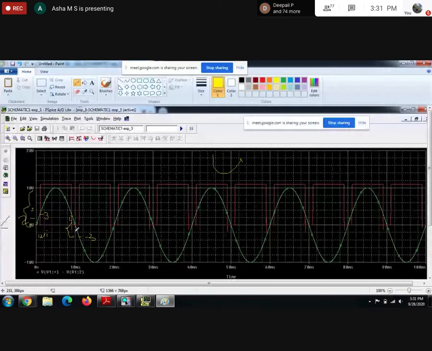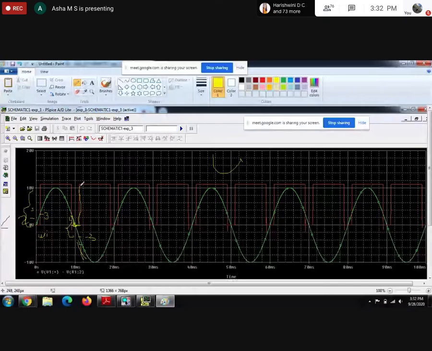Whatever the output voltage, when the input falls between plus 3 and minus 3, the output remains at 0. When the input goes below minus 3, it changes from 0 to positive.